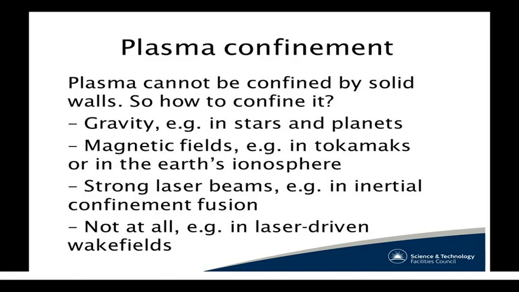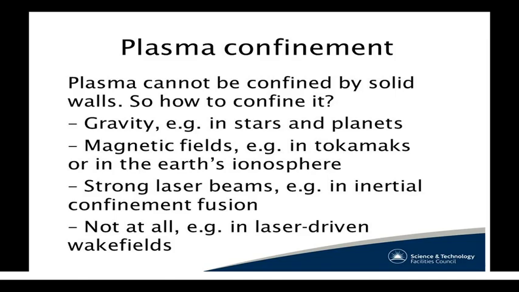Now the second method is using a magnetic field. For example, we are studying the tokamak, in which the plasma is confined using a magnetic field. The next method is using strong laser beams in order to confine this plasma, and that method is known as inertial confinement fusion.